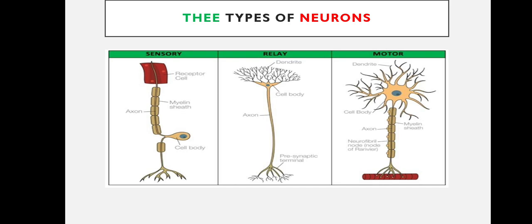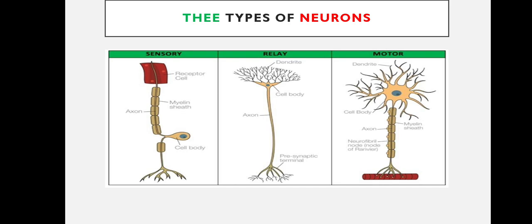So we have these three types of neurons here. We have the sensory neuron, we have the relay neuron, as well as motor neuron. So now we should basically focus on some specific structures. How is motor different from relay, and how is it different from the sensory? So this sensory neuron is the one which is located near the receptor cells, where it's there to get the information and send it to the central nervous system.